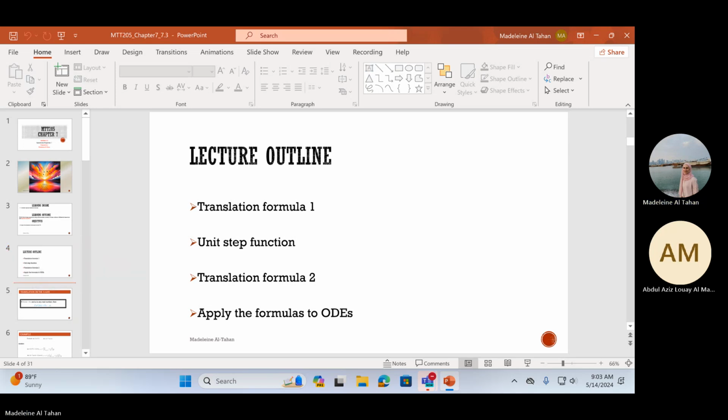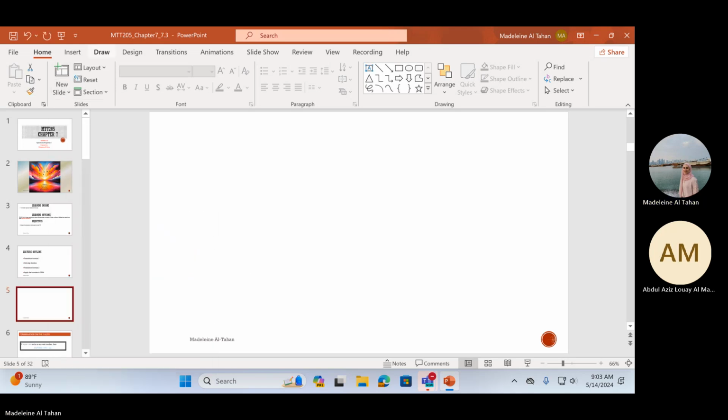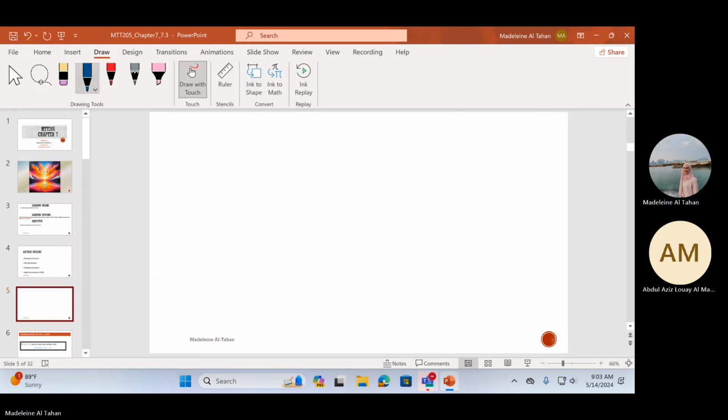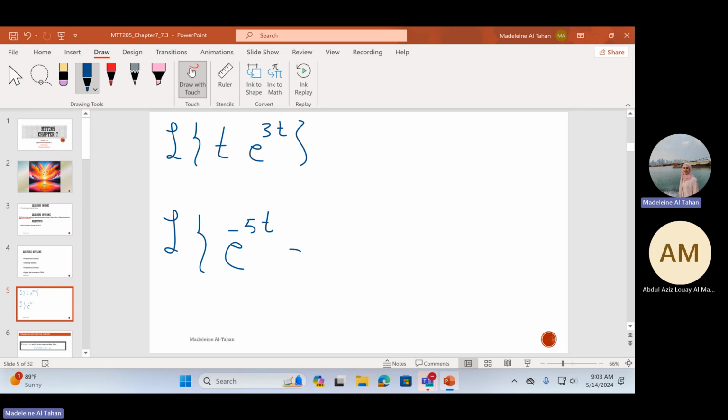Now, let's look at this one. Suppose that I'm telling you find the Laplace of t e power 3t, or I'm asking you to find the Laplace of e power negative 5t times sine 3t.